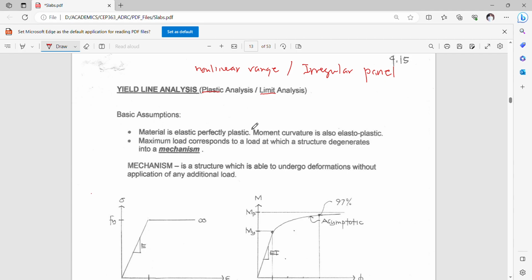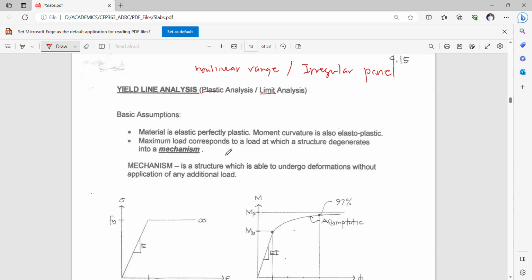So the basic assumptions are: one, the material is elastic, perfectly plastic, when the moment curvature is also within the bounds of an elastic plastic range. So the maximum load corresponding to the load at which the structure degenerates into a mechanism is actually an upper bound here.